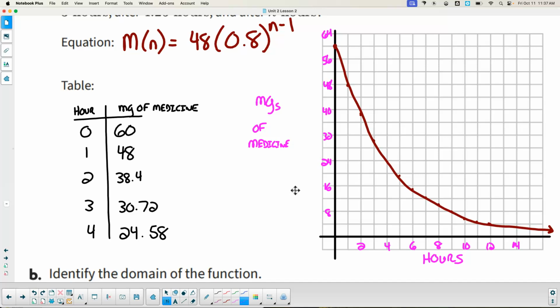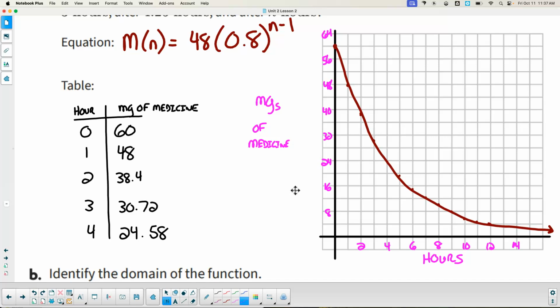Now notice what's different about this particular graph. This is not a discrete graph, because the medicine is wearing off over time. It's not, 1 hour later, now we're down 20%, 1 hour later, now we're down 20% more.